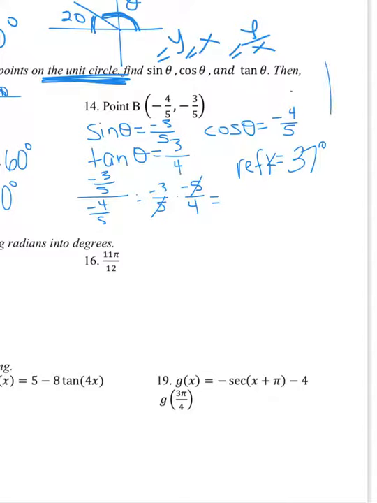I have to think about what quadrant I'm in. Negative x, negative y values are going to be in quadrant 3. So this here is 37 degrees, but I want the entire thing starting at the initial side over here. So I would do 180 plus 37 to tell me that theta is equal to 217 degrees.